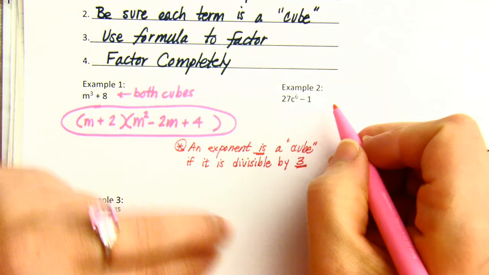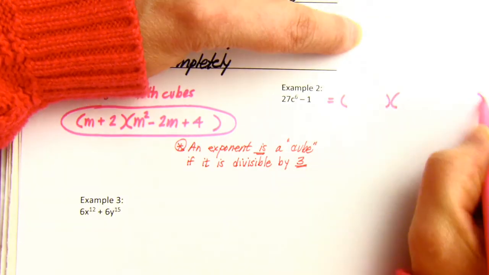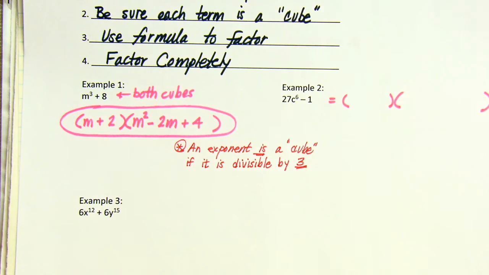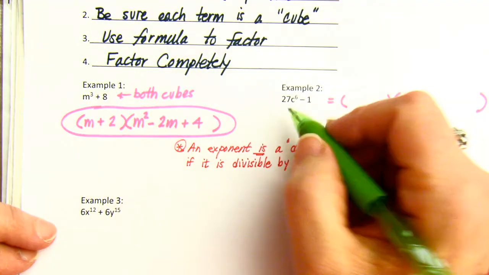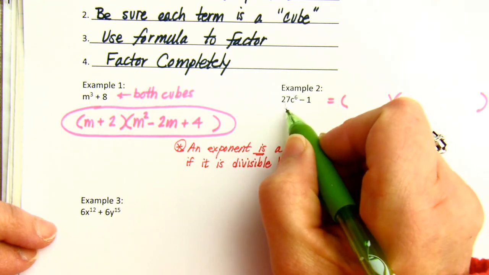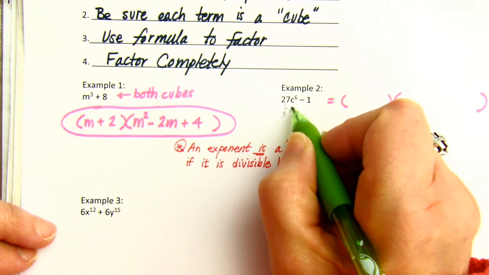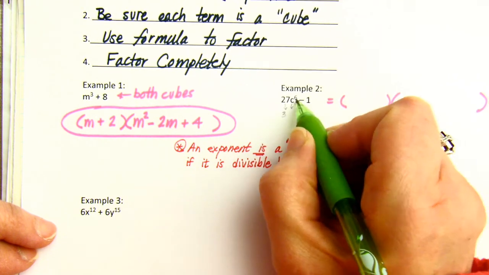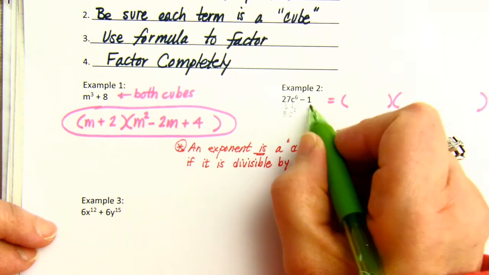All right. Equals. I'm going to set up binomial times a trinomial. It's always binomial times a trinomial. The cube root of this is 3, right? 3 times 3 is 9 times 3 is 27. Folks, take the exponent and divide it by 3. You get c squared. The cube root of 1 is 1.